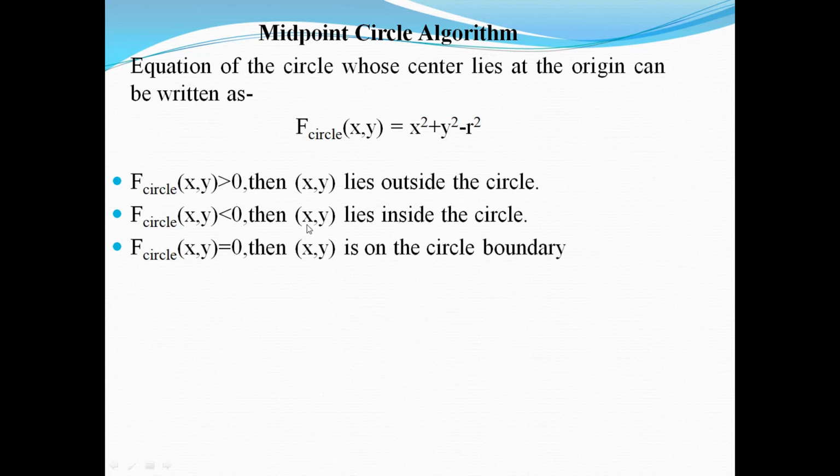If the point lies inside the circle, the equation would be less than 0, and if the point lies on the circle boundary, then the result equals 0. So this is the definition of the circle which we shall be using in our algorithm.